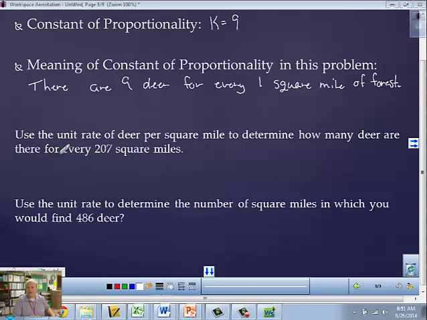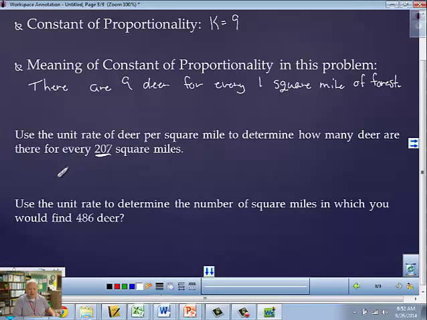I want to use the unit rate, or the constant of proportionality of deer per square mile, to find out how many deer there are in 207 square miles. Because we found in that table that every scientist counted the exact same thing. In the end, they counted 9 deer for every 1 square mile. So that's what we're able to say. That's the constant. That's not going to change for this forest.